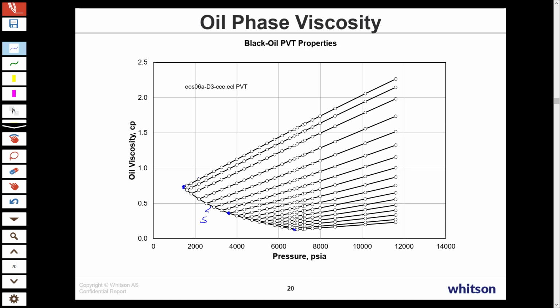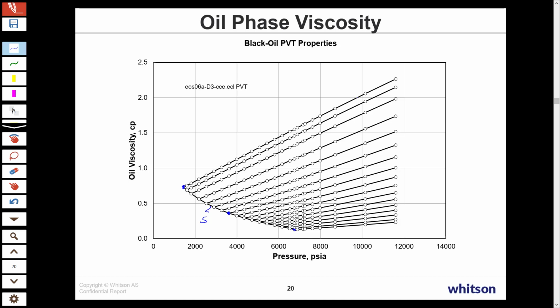That's because the density change due to compressibility is smaller than the density change due to losing all of this gas from solution. When you get less gas in solution, you get a higher compressibility and a higher density change. So you see that this oil viscosity is changing.